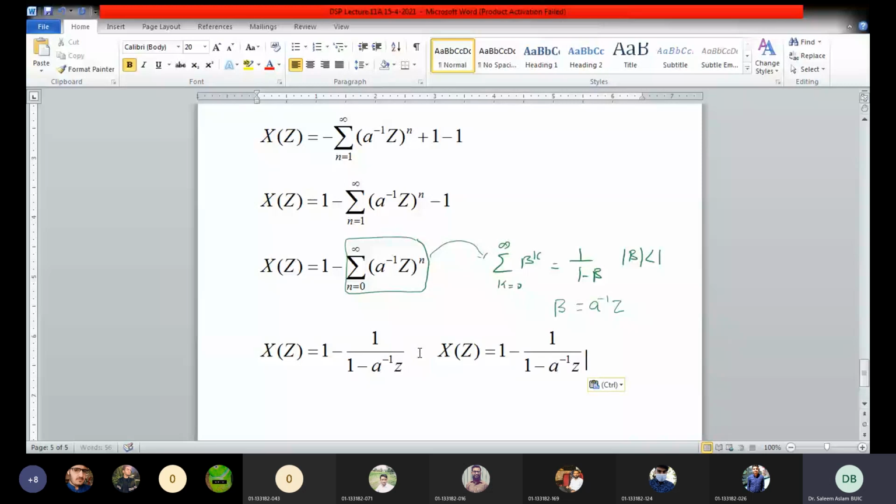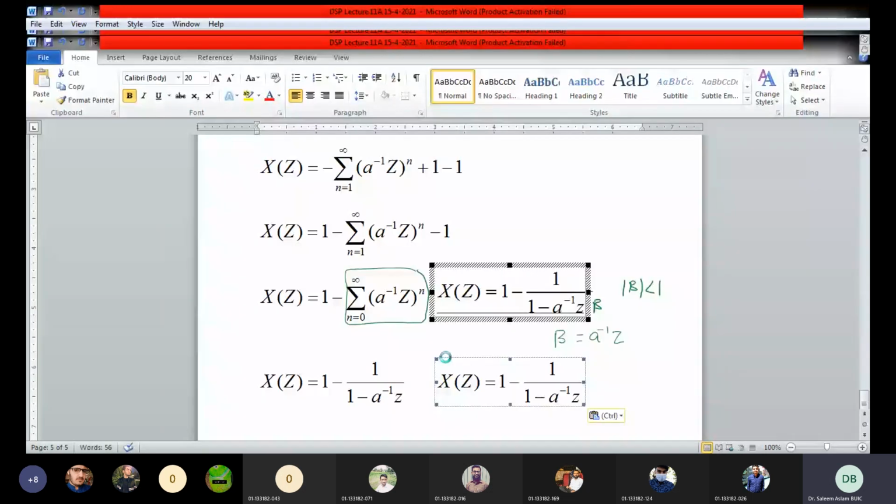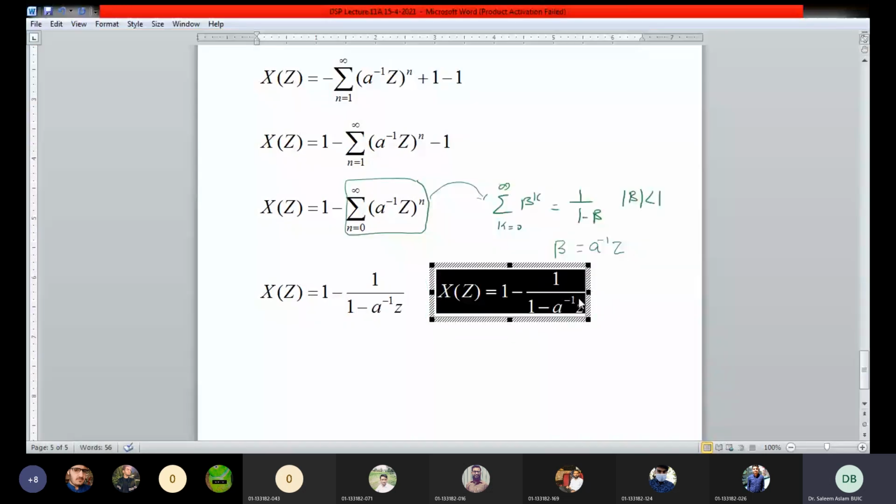Now I write its beta is A inverse Z to the power, mod A inverse Z less than 1.